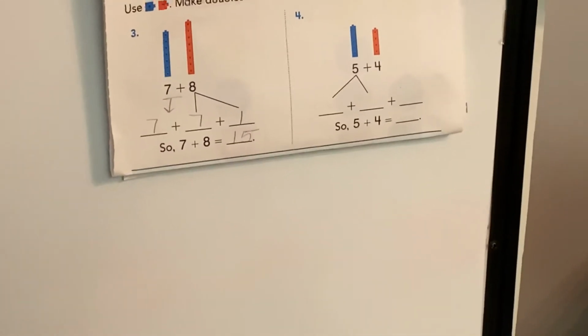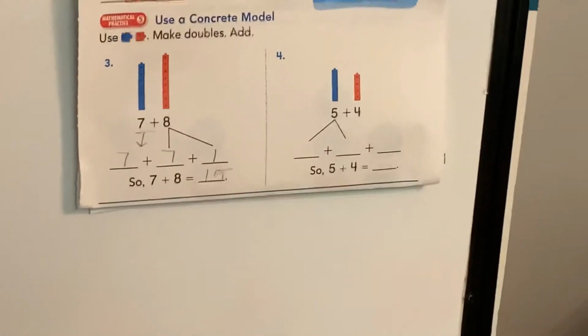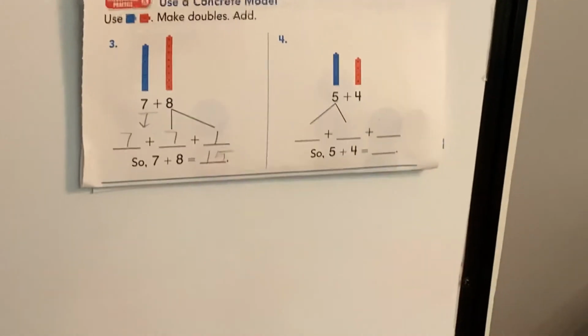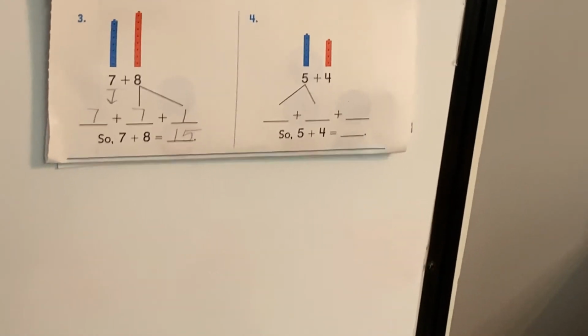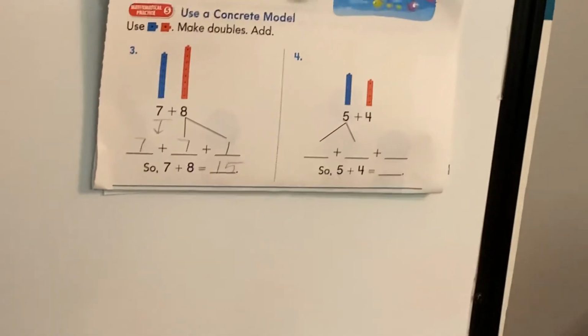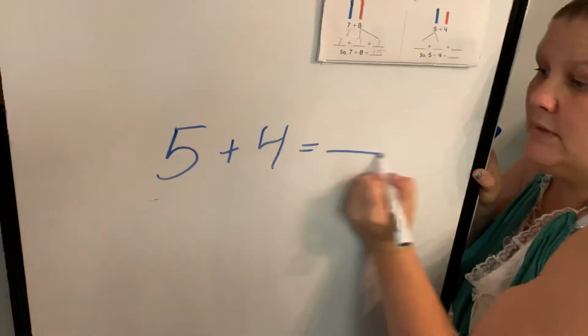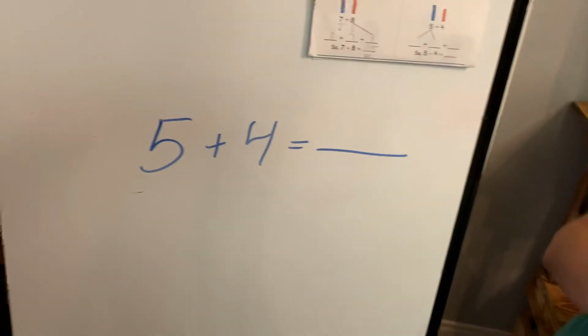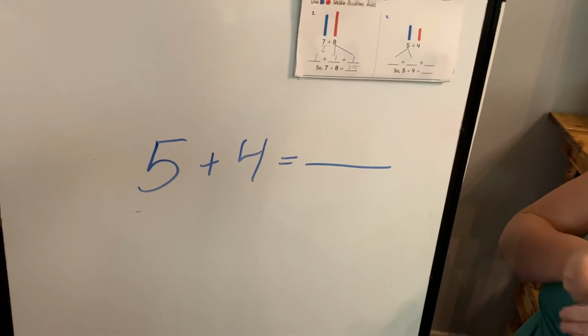Okay? Last one, my friends, that we're going to try here, and then you guys are going to try a few on your own. Okay. So my equation is 5 plus 4. So my first equation equals blank. Step number 1 was find my largest number, yes? Okay.